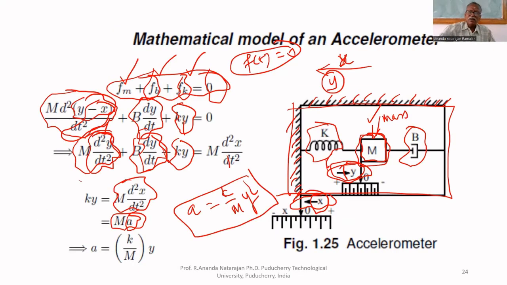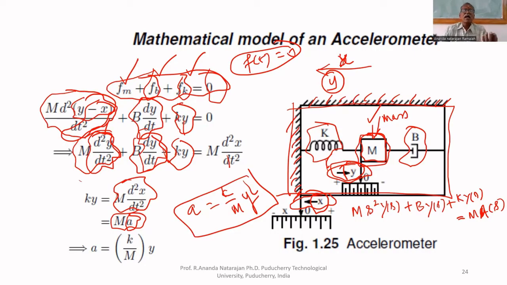If the acceleration is not constant, then it is called the dynamic equation. In that case, what happens to the transfer function, we will see now. s square Y of s plus b s Y of s plus k Y of s equals A of s, taking the Laplace transform. d square x by dt square can be assumed as acceleration, A of s.